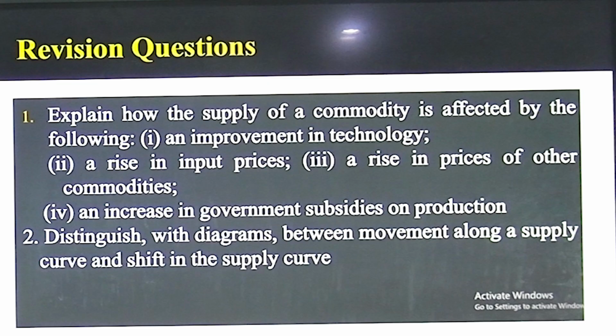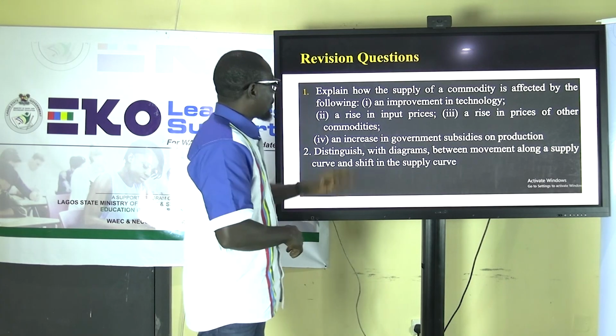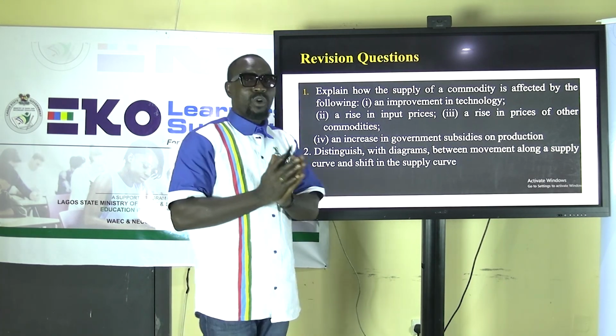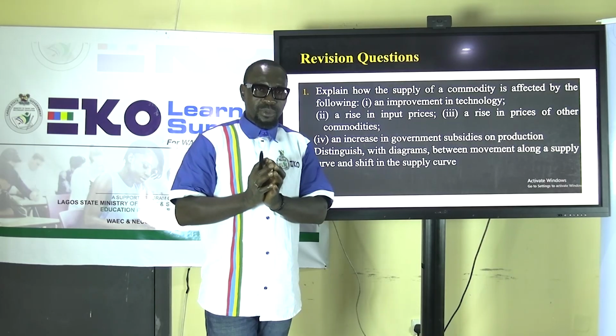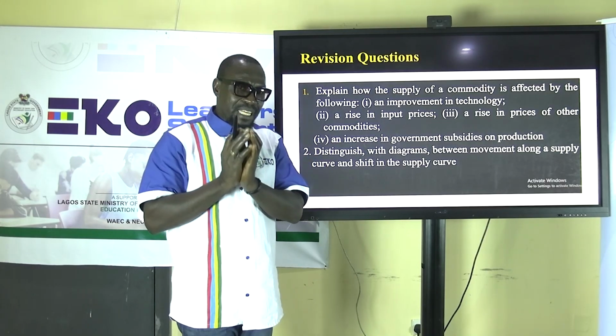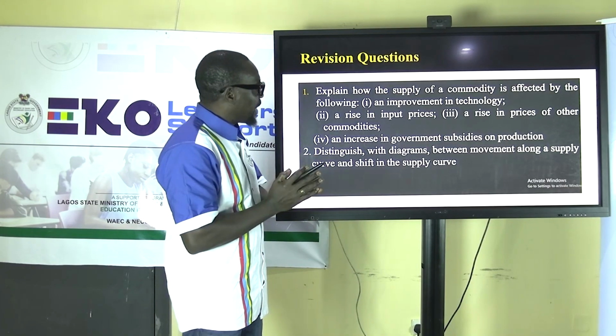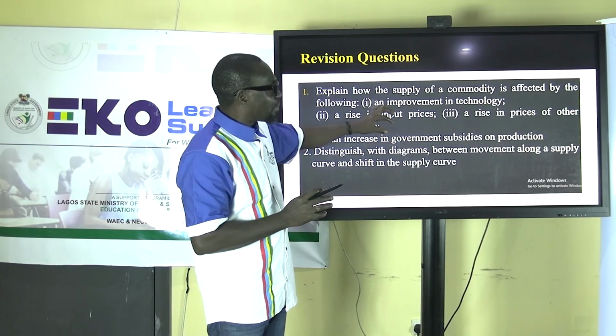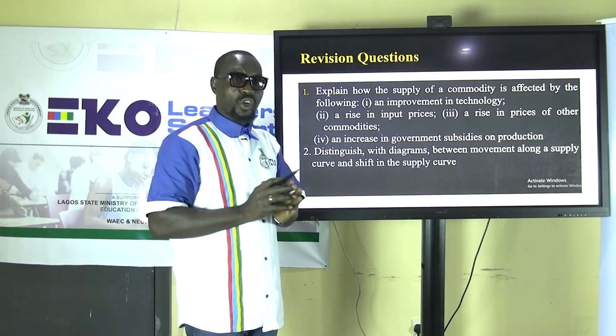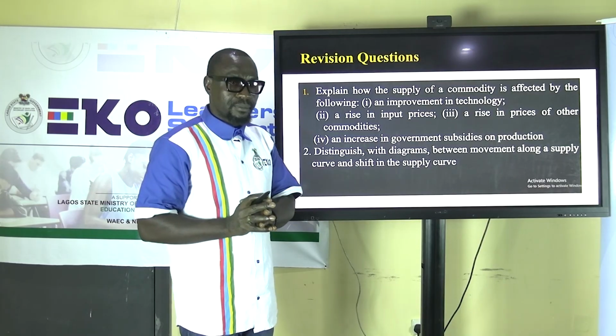And then the second question asks us to distinguish with diagrams between movement along a supply curve and shift in the supply curve. In question 1, what is expected of you is to give specific examples to explain how quantity supplied is affected by each of those factors enumerated.